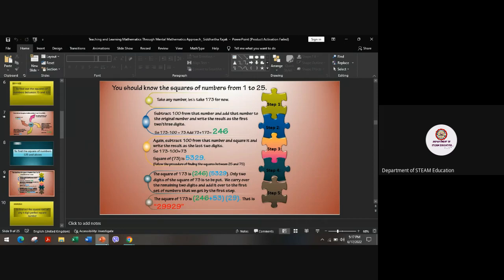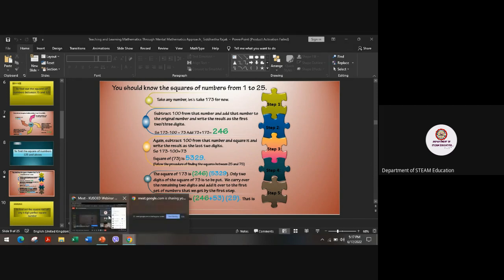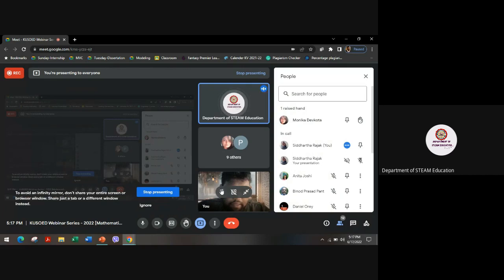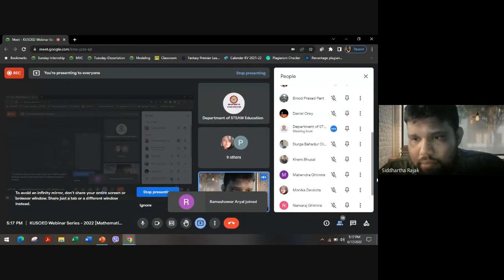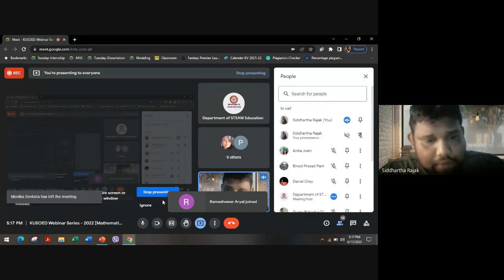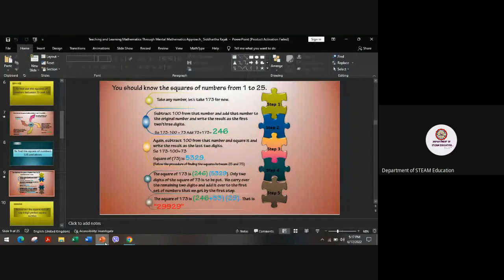It was very interesting to see how we can find the squares of the number. We would like to have a question answer session. Everyone who has a question for Siddhartha sir can put it in the chat box, or you can directly ask. Monica ma'am, are you there? Otherwise, anyone else who has a question can ask. Okay, ma'am, we can take the questions and answers at the last as well. I still have a few slides to go. Oh, you do. Okay, please go ahead then.